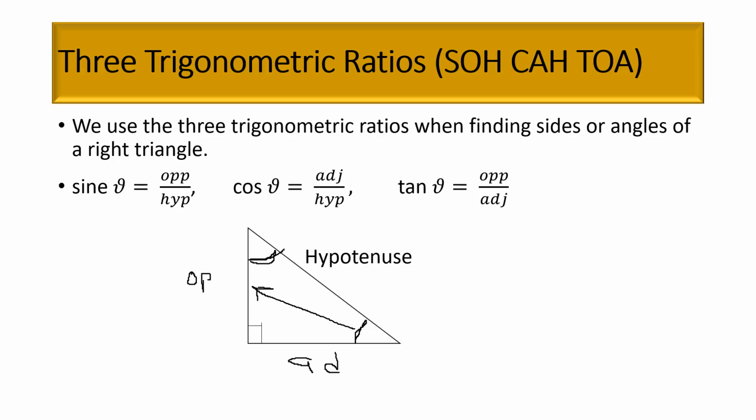Opposite to that angle will be your opposite side, and this one becomes your adjacent. So the angle you're looking for or the angle given will determine the opposite and the adjacent, but the hypotenuse remains the same.